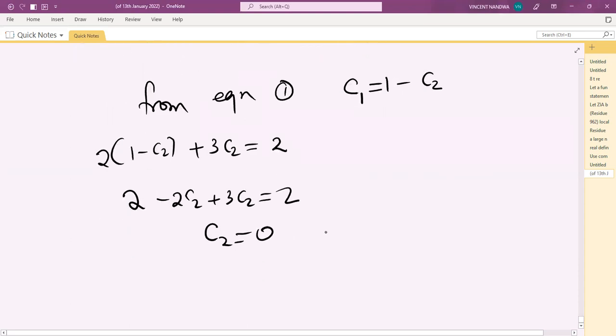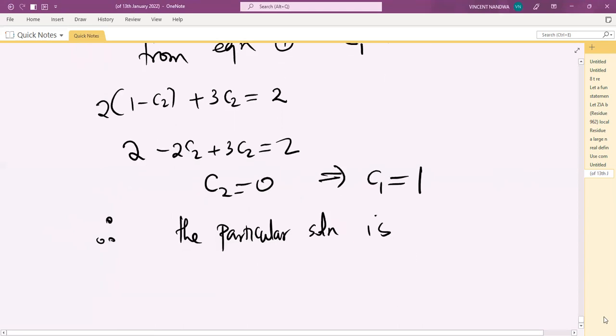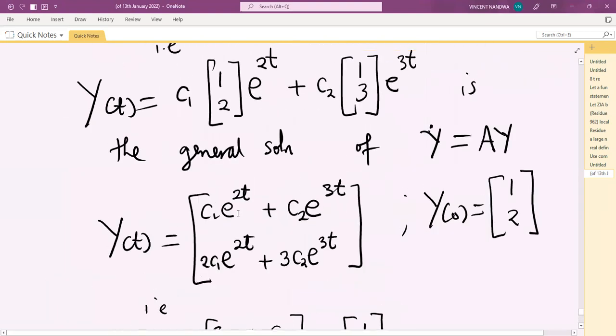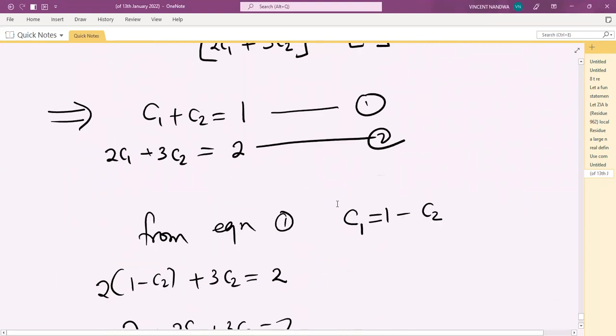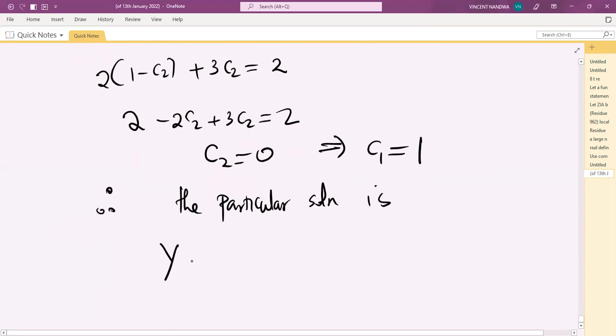Now C1 will be 1. So therefore, the particular solution is, everywhere there's C2 in this solution, we put 0. So we don't have this part. So just have y of t is given by [e raised power 2t; 2e raised power 2t].